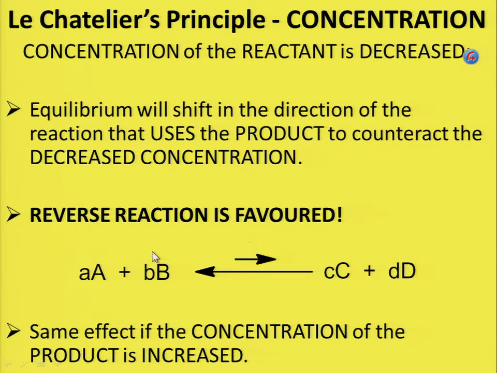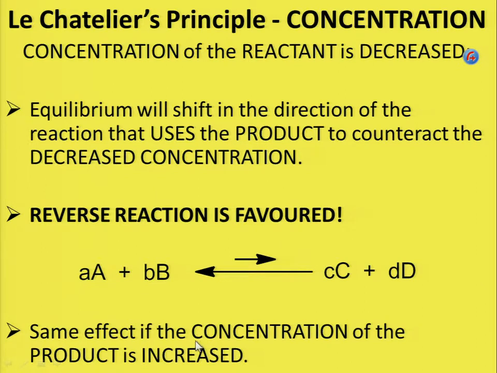So, if the concentration of the reactant is decreased, the reverse reaction is favored. That means more of A will be produced to reinstate the equilibrium.